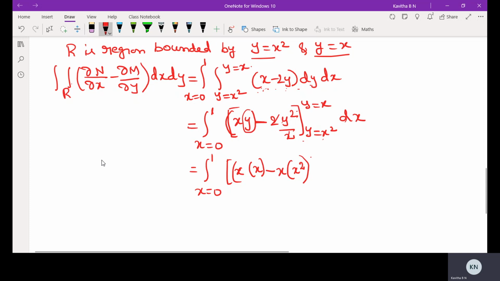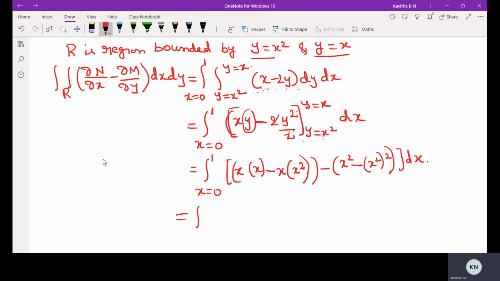Close the bracket, minus, take down y square, apply the upper limit x square, then the lower limit x square into x square, dx.